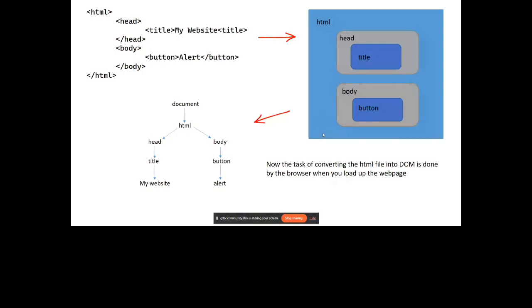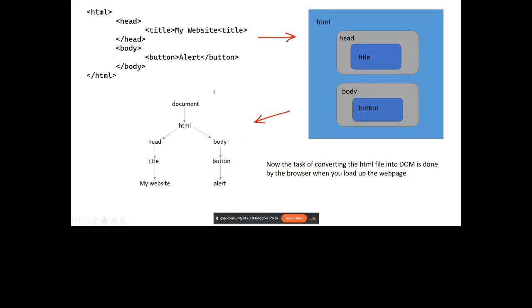What the DOM does is convert these elements and their associated data into objects. The task of converting this HTML into the DOM is done by the browser you're using. It turns the elements and associated data into a tree structure like here.